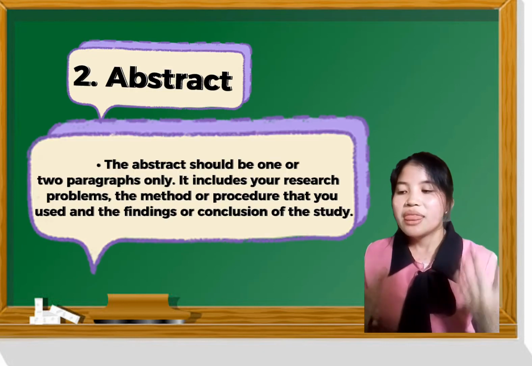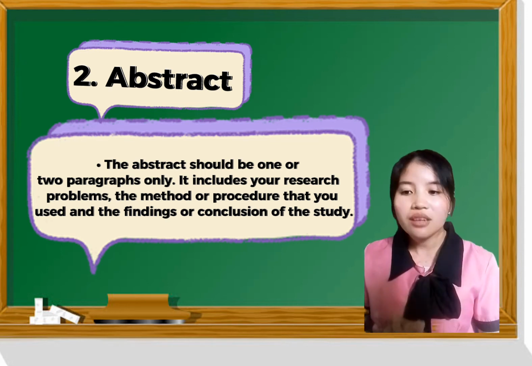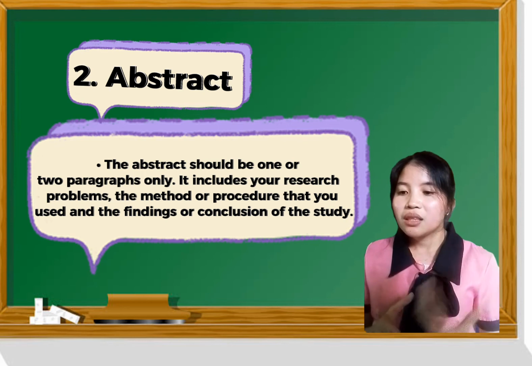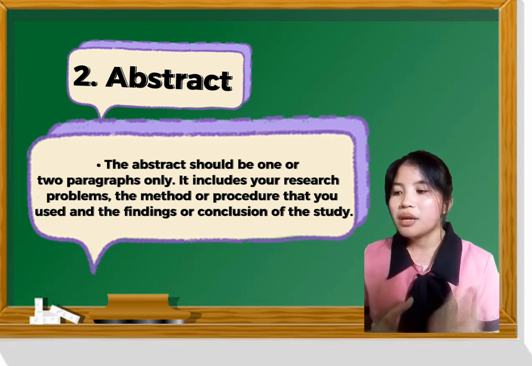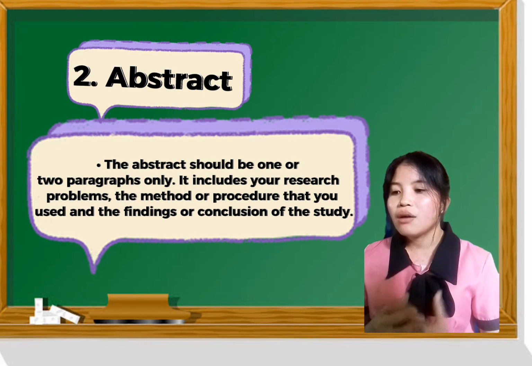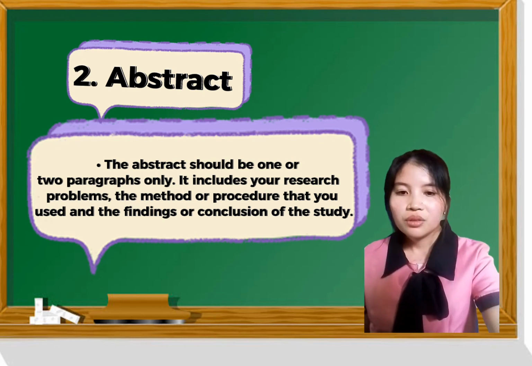Abstract. The abstract should be one or two paragraphs only. It includes your research problem, the method or procedure that you used, and the findings, solution, or conclusion of the study.